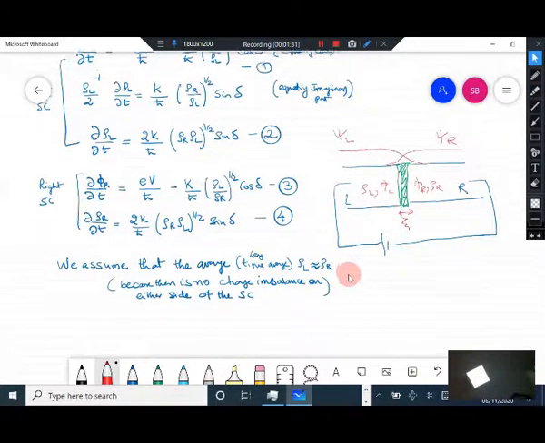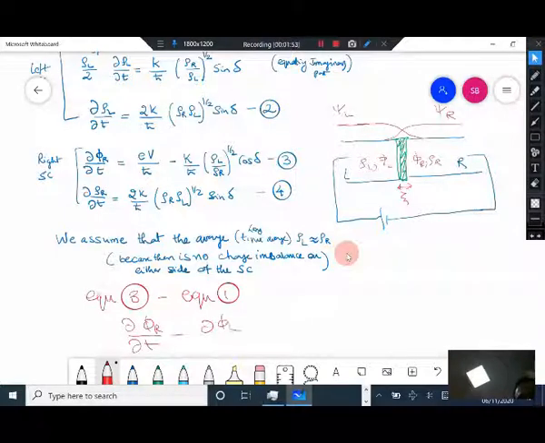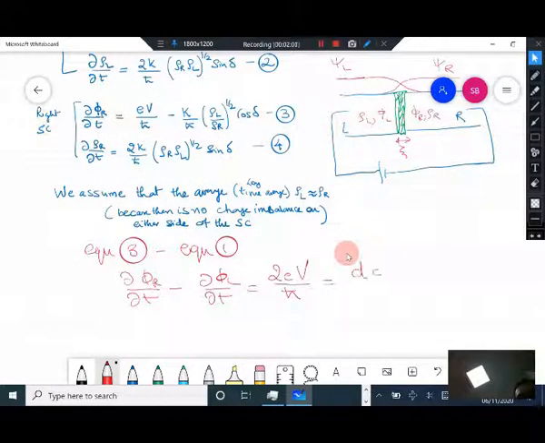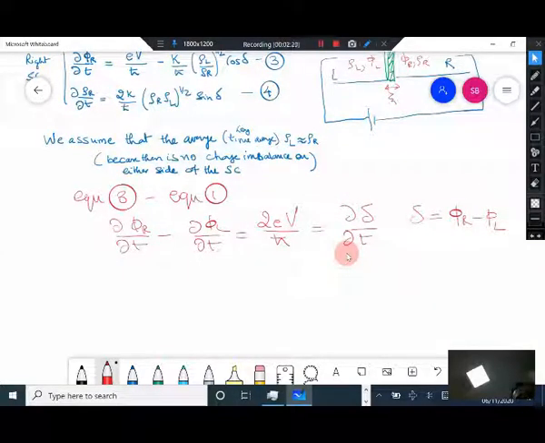So rho L and rho R are on the average roughly constant, and therefore if you take equation 3 minus equation 1, then you will have del phi R by del t minus del phi L by del t, which is equal to twice EV by h cross, and this is nothing else but d delta by dt, the rate of change of the phase difference, where delta is equal to phi R minus phi L. Therefore, del delta by del t is equal to 2EV by h cross.